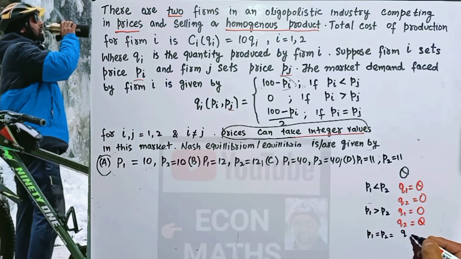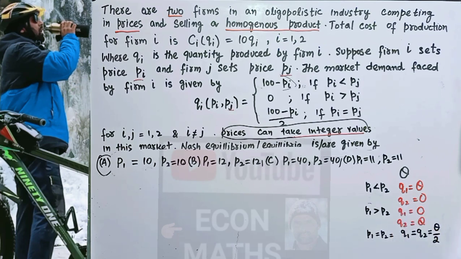Firm 1 gets a market share equal to firm 2's. That means in this case the market is split between the two firms when they both charge the same price.